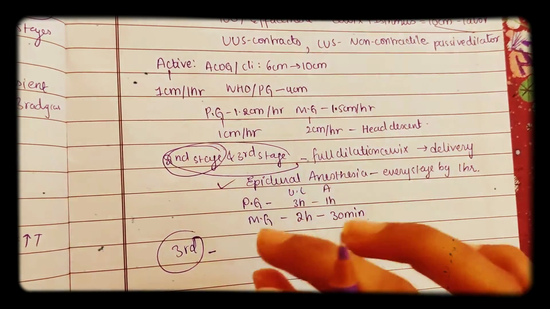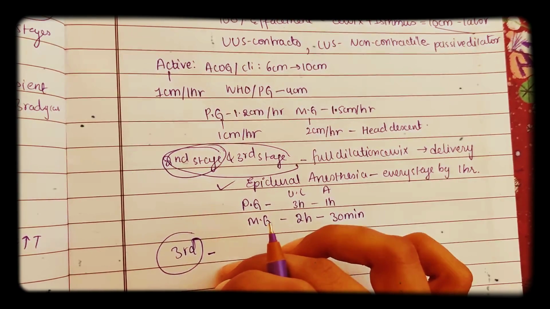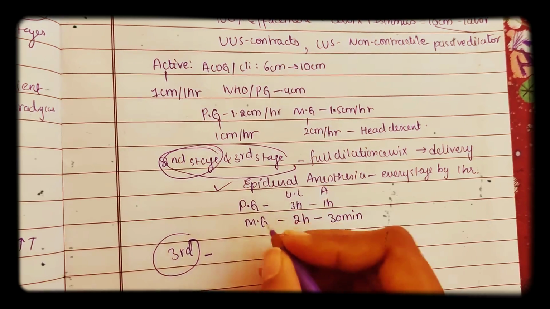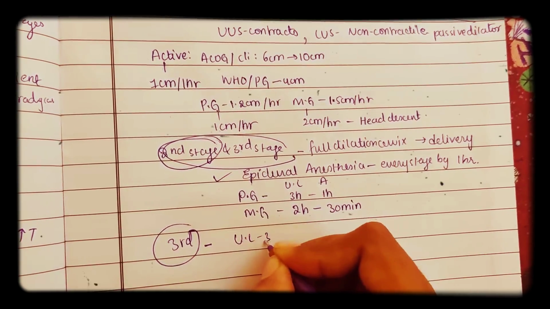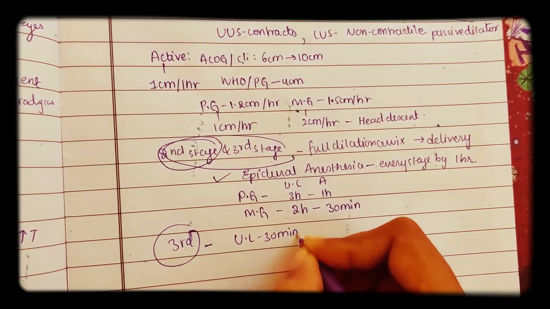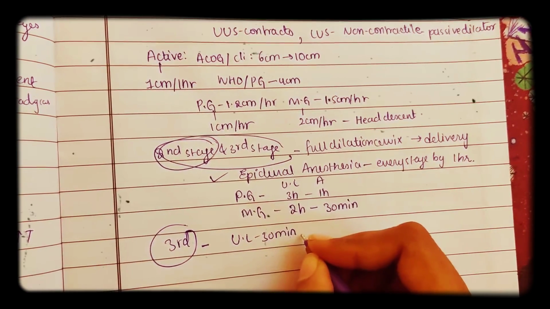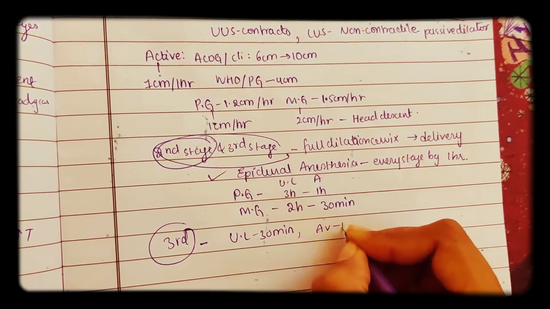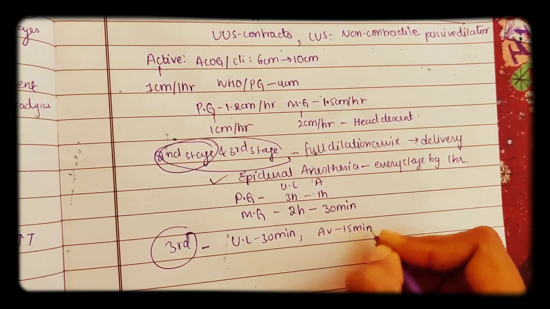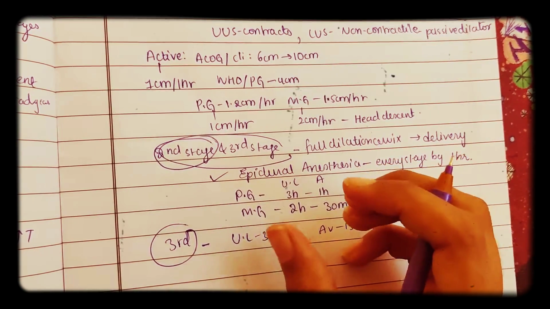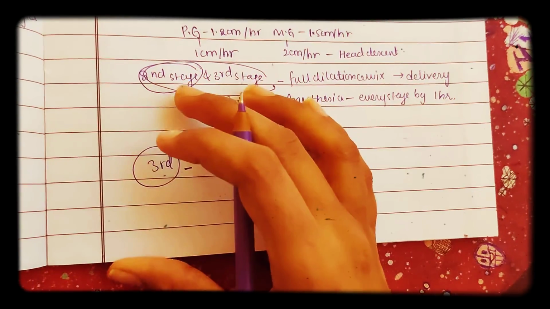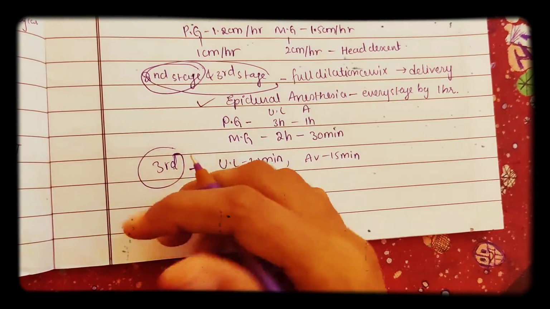So finally delivery has occurred in the third stage of labor. Upper limit of the normal is 30 minutes, and the average duration is 15 minutes. There is a further decrease with active management of third stage of labor. So no need to do any active management, it's just ready to come out.